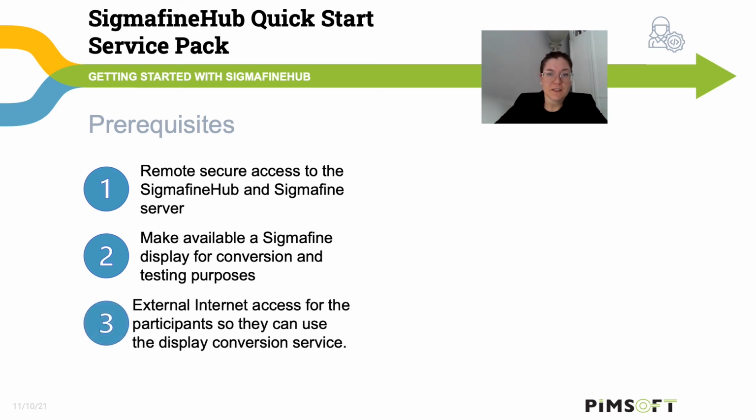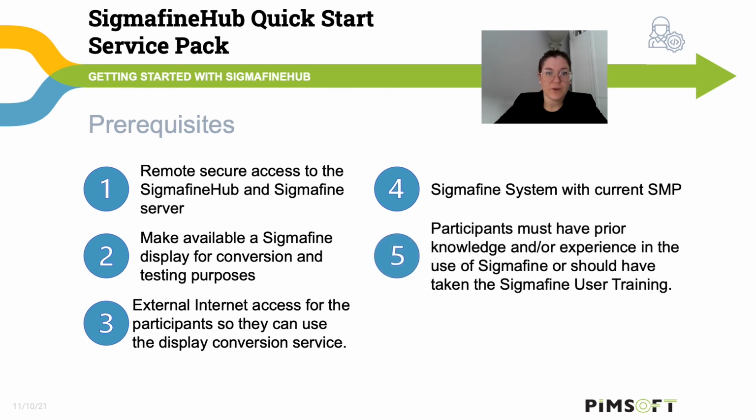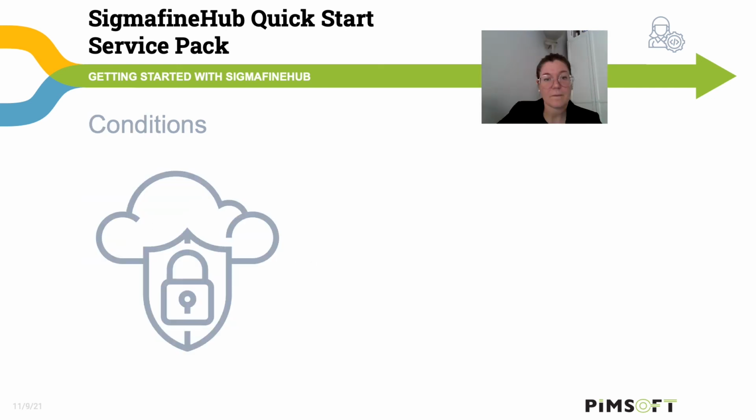External internet access must be allowed too for the display conversion service. Finally, the customer should have an active software maintenance program in order to be able to get this service, and the participants should already know the basics of Sigmafine, as we said before.